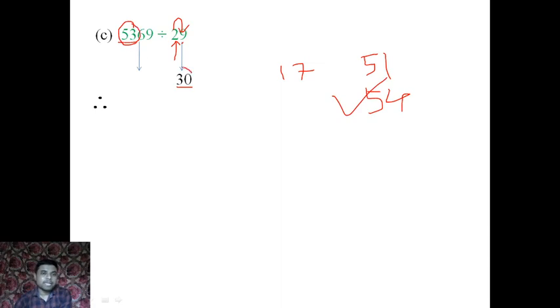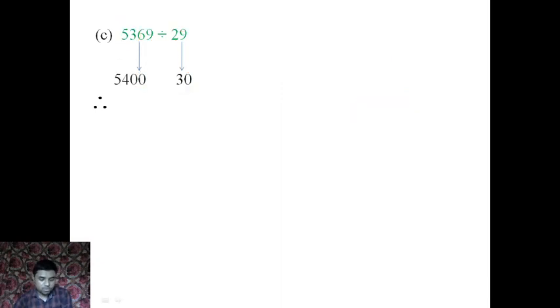We have to take the multiple of the divisor which is closer to this number. So write 54 in place of 53, and how many digits here? 2 digits, so put 20. Is it clear? Now do the division and write the estimated quotient equal to this.